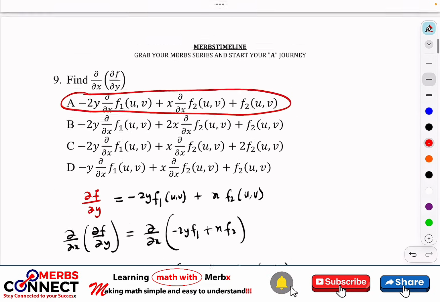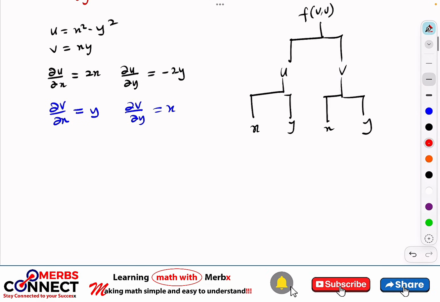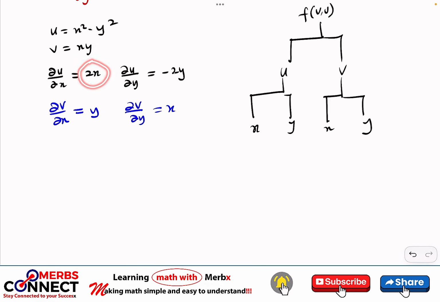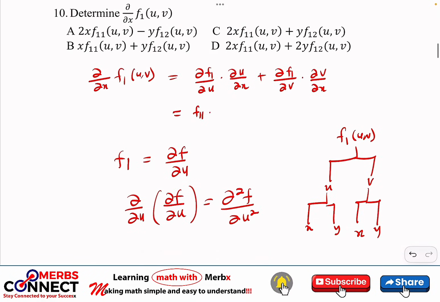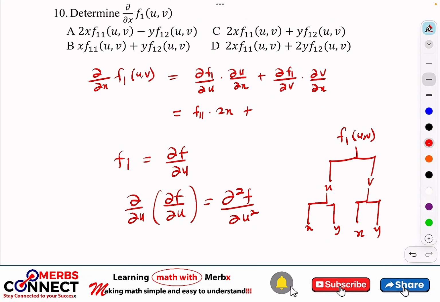Let's go and figure it out. Partial of u with respect to x, when I differentiate this with respect to x, I get 2x. So I'm going to have 2x plus, now this, guess what? This is the same as f12. Why?